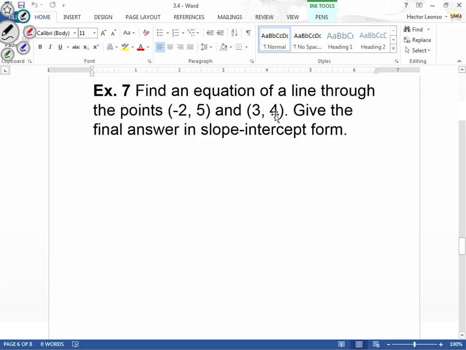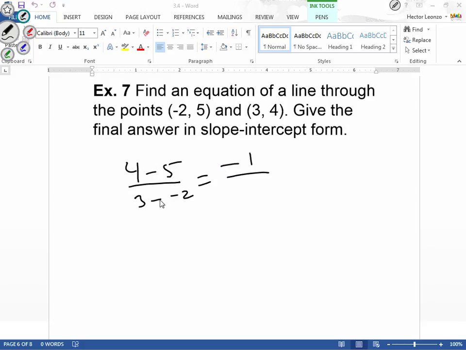So I'm going to go the second y minus the first y, so 4 minus 5, over the second x minus the first x, which is 3 minus a negative 2. I know 4 minus 5 is negative 1. 3 minus a negative 2, I see 2 negative signs that basically becomes a plus. So at the bottom I have a 5. So my slope is negative 1 over 5.